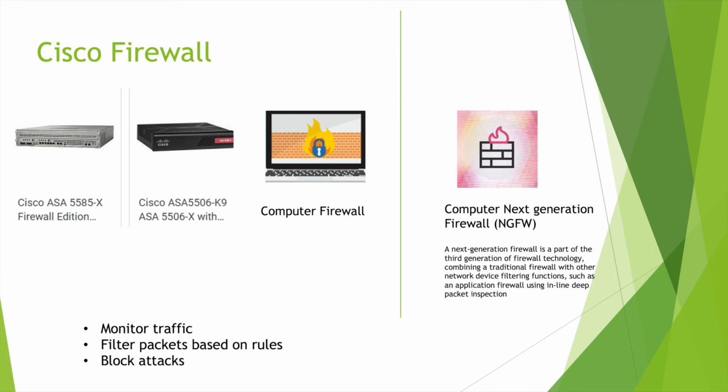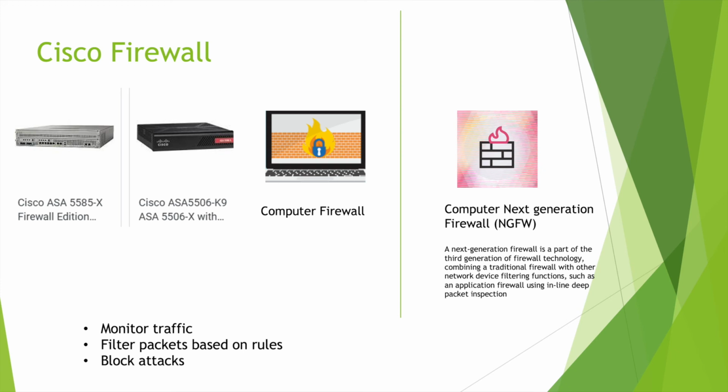Commonly used are Cisco ASA and also Cisco ASA Firepower. As I mentioned in previous slides, the most commonly known firewall is the computer firewall. So even in your client machine, you might have worked with a computer firewall.